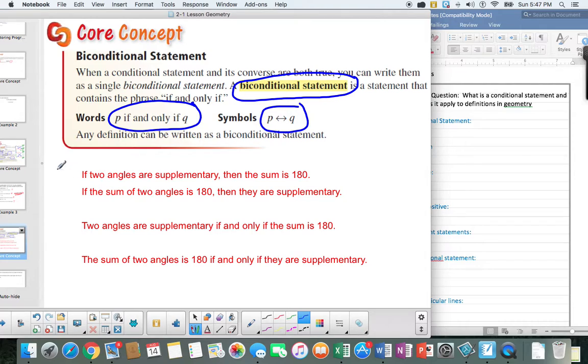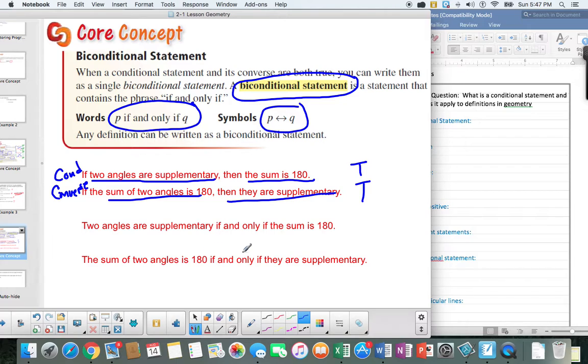This is a conditional statement. Notice it has a hypothesis and a conclusion, and that is a true statement. Now here is the converse, and notice I switched places right here, and this is also a true statement, so they're both true, the conditional and the converse.